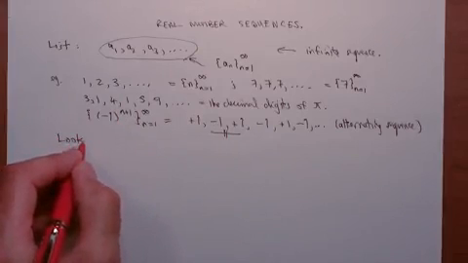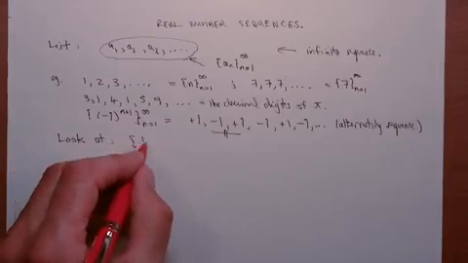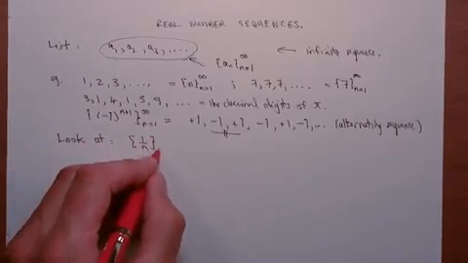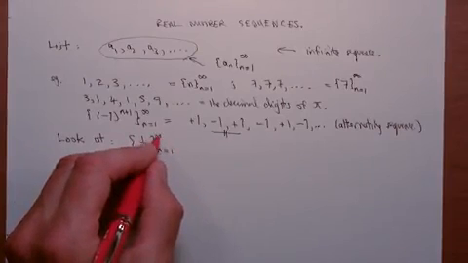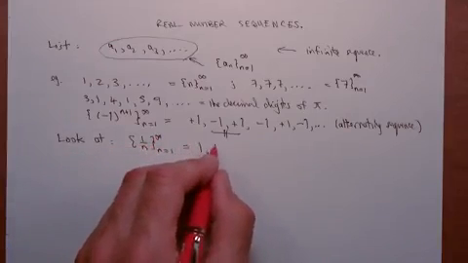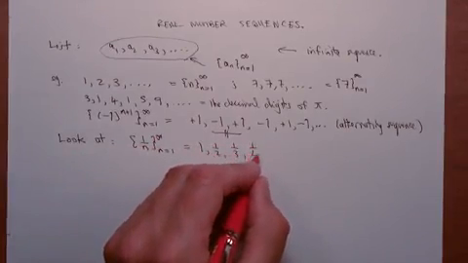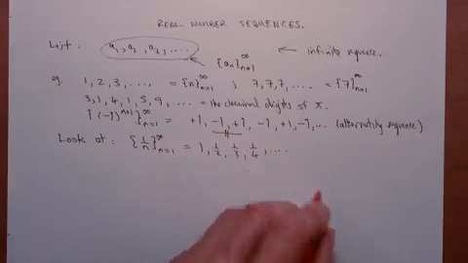Now let's look at the following example. Look at the sequence consisting of the numbers 1 over n from n equals 1 to infinity. Okay, that's the sequence 1, a half, a third, a quarter, and so on.